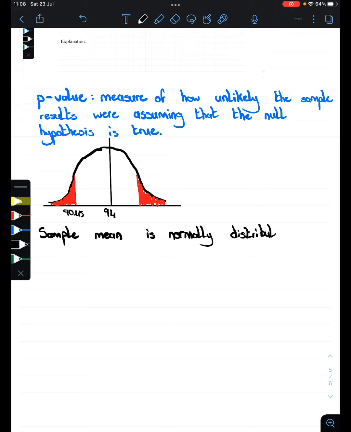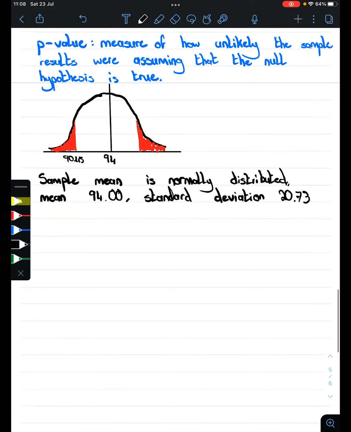And we know the mean, 94, and we know the standard deviation, 20.73. Okay, and so we're going to try and get the z-score for this.